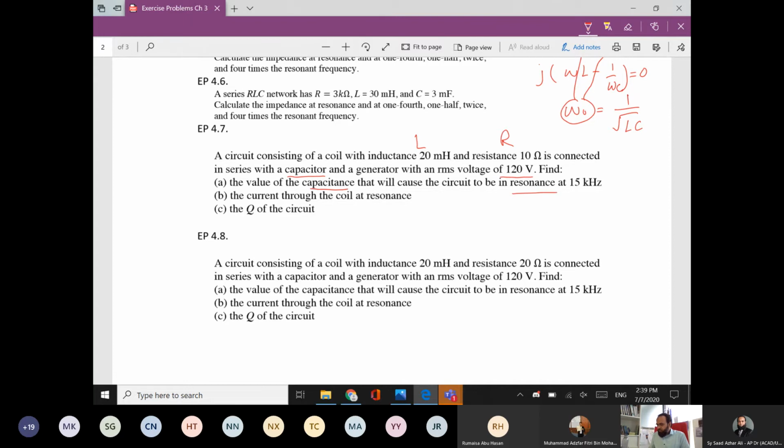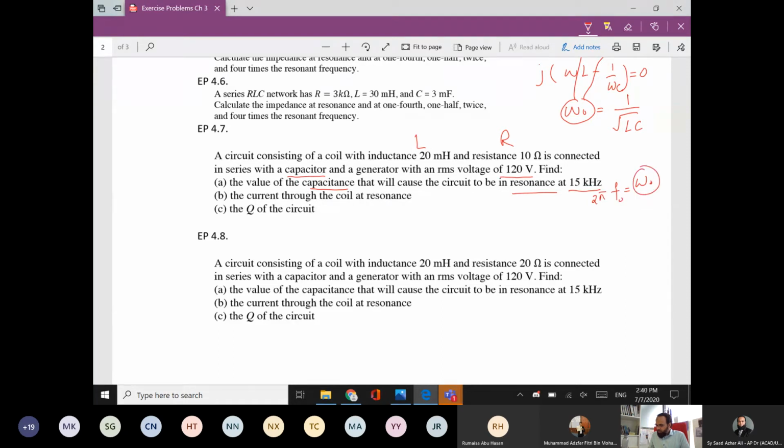Okay, so once again, can you guys see this? Yes. Resonance at 15 kilohertz. So we are given F. We can relate omega to 2 pi f, so we can find omega naught.